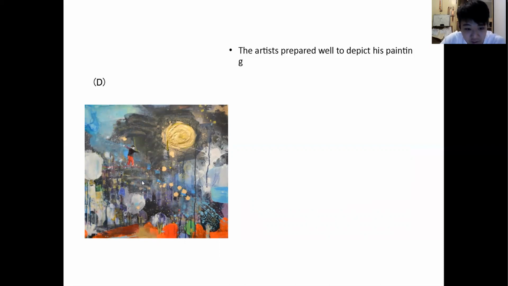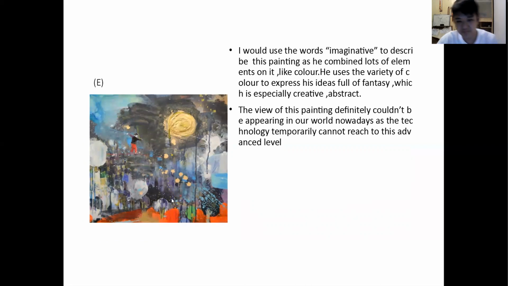First, she used the secondary color, black, to paint the environment first, and secondly, he used some colors to paint the city, the modern city. I will use the word imaginative to describe this painting because it combines lots of elements, like color.